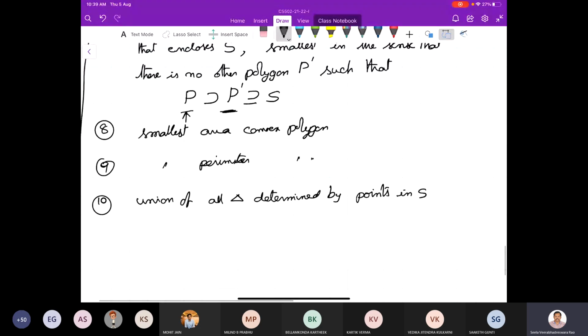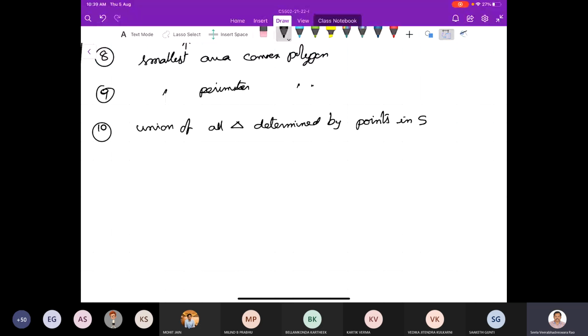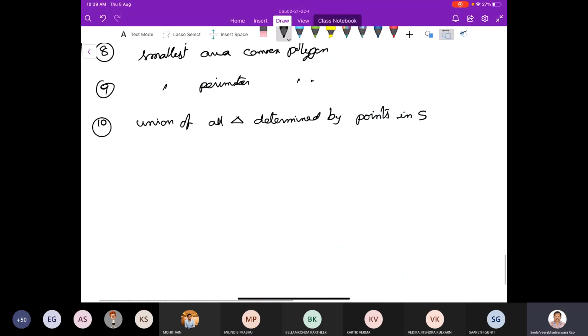Now what we will do is give some brute force algorithm for determining this convex polygon. One brute force method is finding the extreme points. An extreme point is nothing but a point which is a vertex of the convex polygon of this point set.